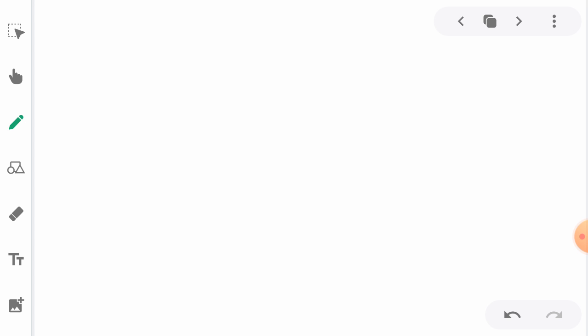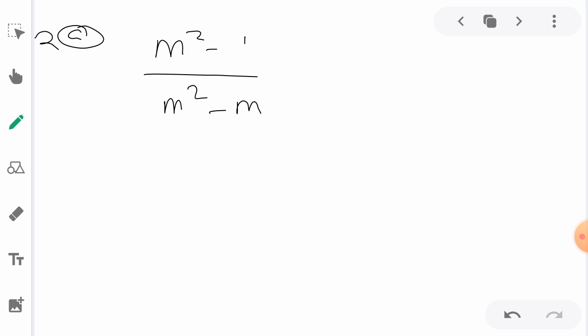Question 2a says simplify m squared minus 1 over m squared minus m. Now this is a difference of two squares. What we have here is m minus 1 times m plus 1.